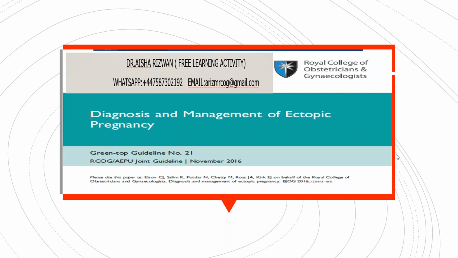Okay, so if your patient has an interstitial ectopic pregnancy, then what options do we have? Non-surgical management is an acceptable option for stable interstitial pregnancies. Expectant management is only suitable for women with low or significantly falling beta-hCG levels in whom the addition of methotrexate may not improve the outcome.